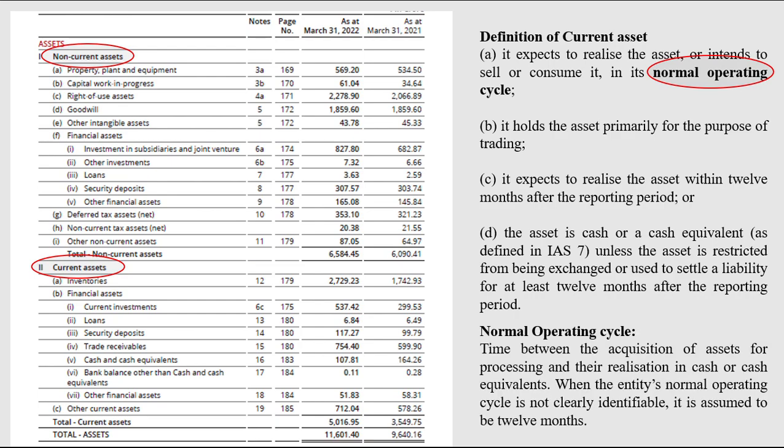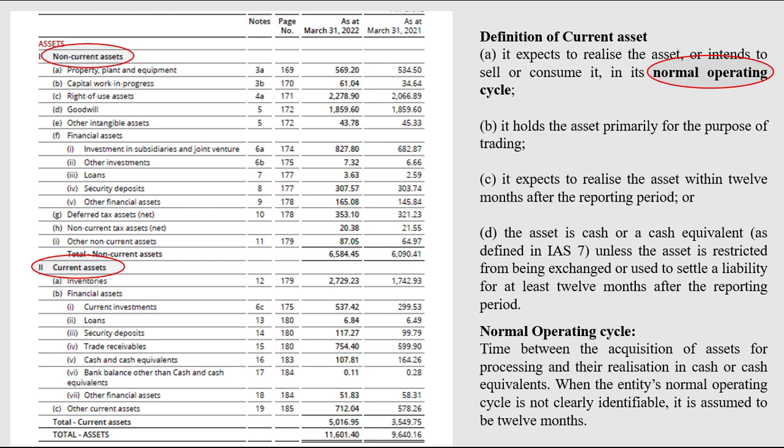So the entire time frame required for this to settle down is nothing but the normal operating cycle. So if you just concentrate on certain account balances which are reported under current assets, you find something called inventories, something called trade receivables. Why do you think these are typically classified as current assets? Because, as I mentioned earlier, when an entity purchases certain assets, they will be classified as inventories, right?